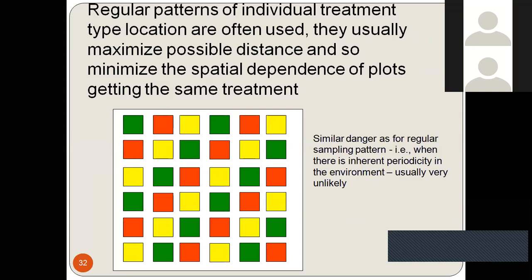So this is another example. Now you see what the problem is here. This is a CRD design, but there's a small problem. Can somebody identify what the problem is?